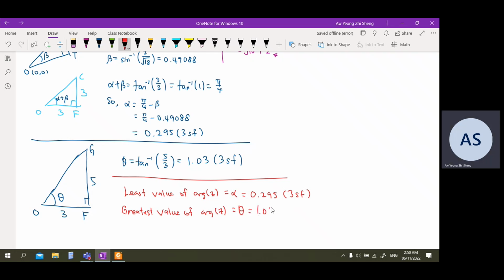And that would be 1.03 to 3SF. So A is 0.295, B is 1.03. Because A should be the least value and B should be the greatest value. And there we have it.